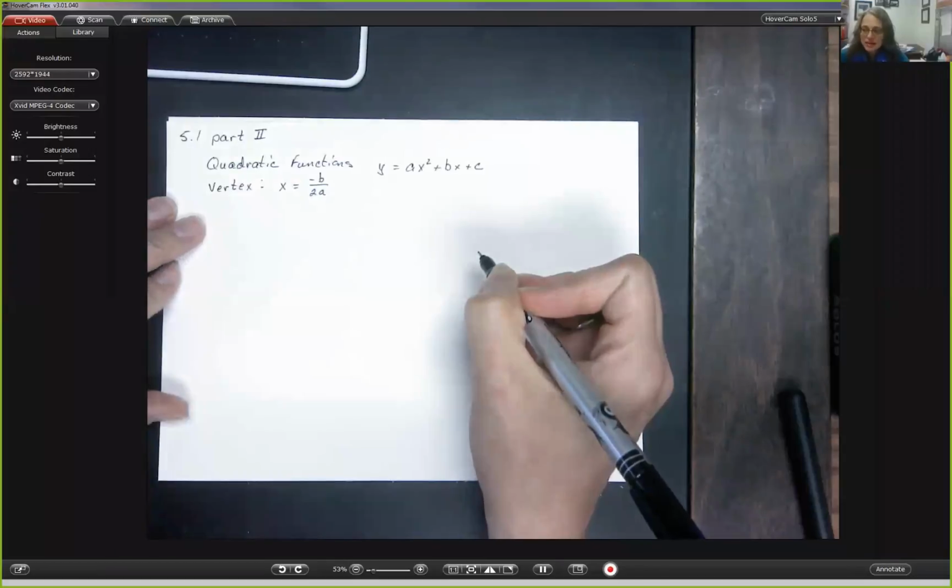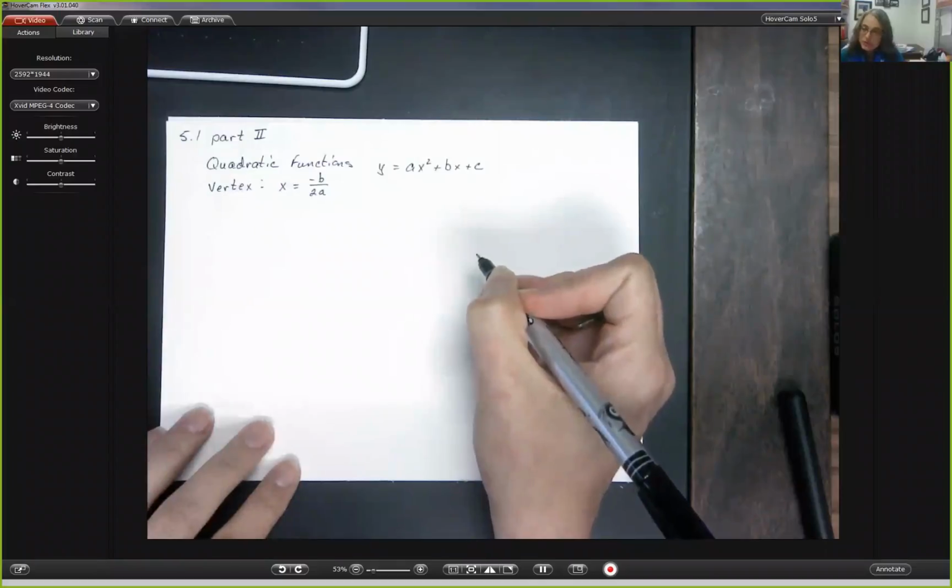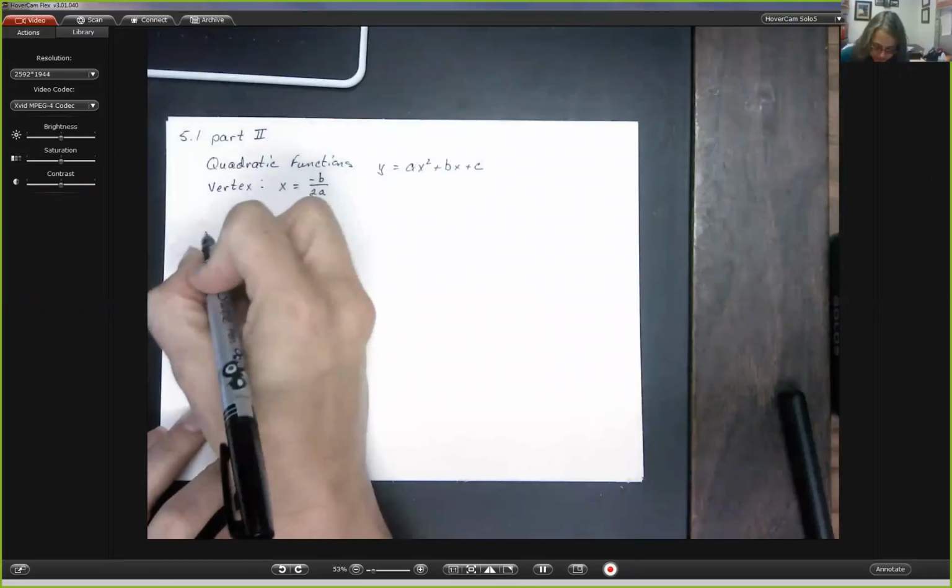There is another form for the equation of a parabola, or for a quadratic formula. I call it the vertex form.